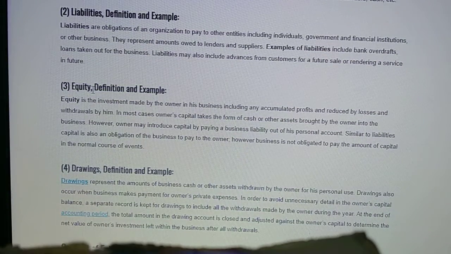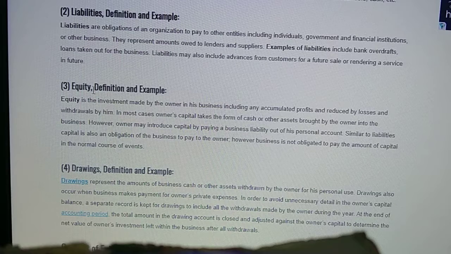Okay, another is equity. What is equity? Equity is an investment made by the owner in his business, including any accumulated profits. Whenever you get any kind of profit or interest, these are your profit, which means your capital is going to increase automatically.